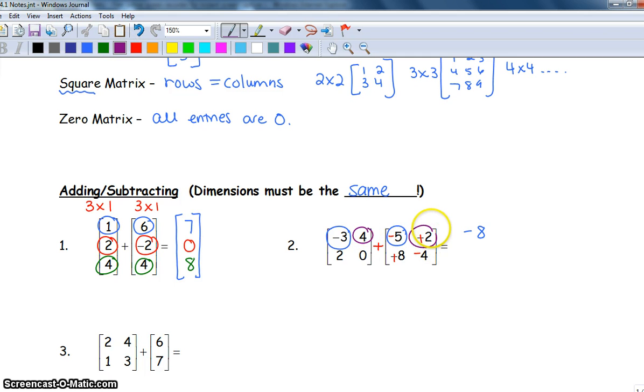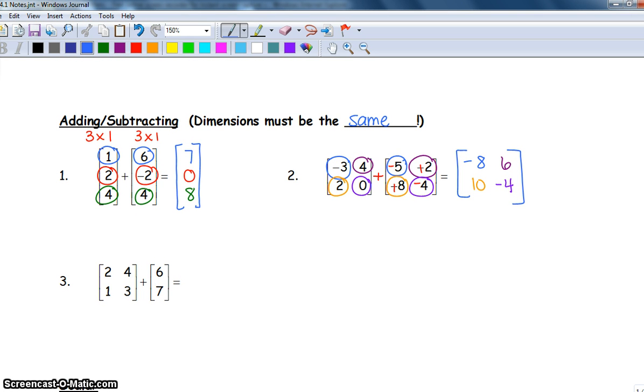So 4 and 2 are corresponding entries, and 4 plus 2 gives us 6. 2 and 8 gives us 10, and 0 and negative 4 gives our last entry to be a negative 4. So our resulting matrix is a 2 by 2 as well. Negative 8, 6, 10, negative 4.